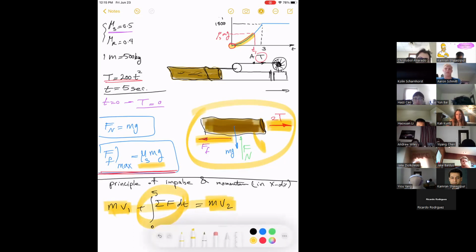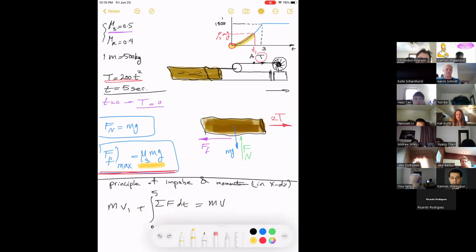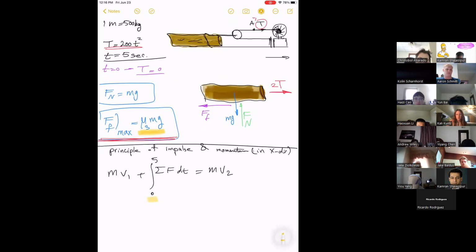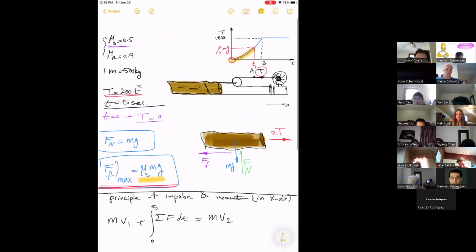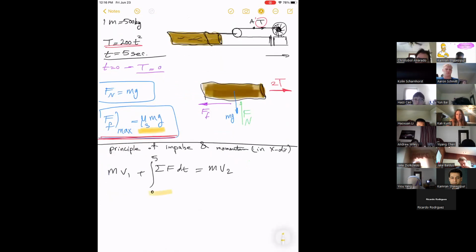Now, I could start with this and not explain anything else, but I try to give you the physics. When we go from 0 to 5 seconds, there is a time when we have static friction. Remember I told you, static friction is always equal to the pushing force. So from 0 to t1, I can divide this integral into two or three pieces.